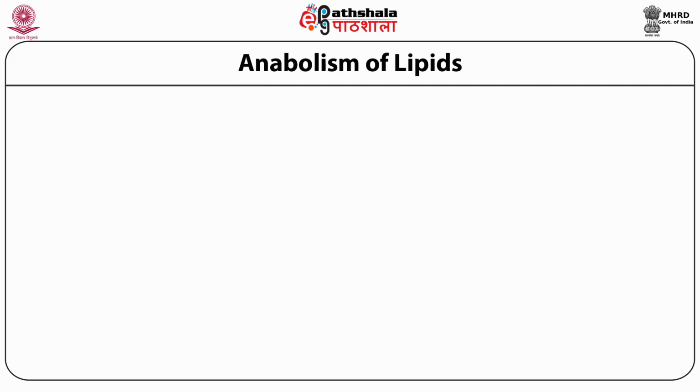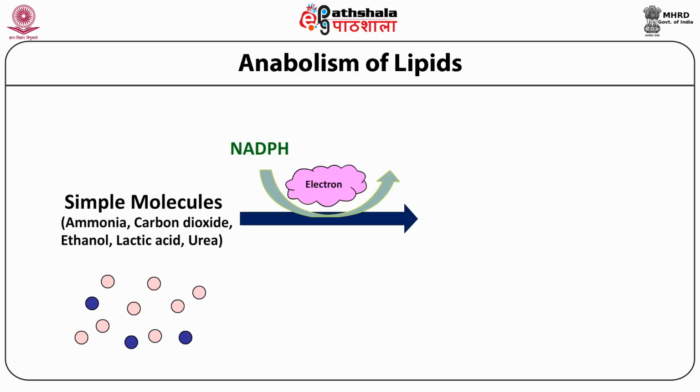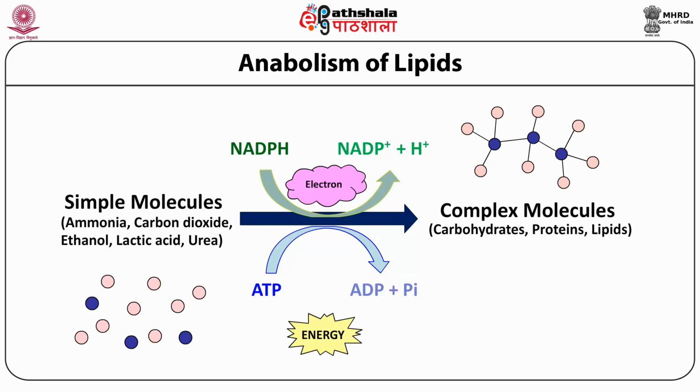As we can see here in the pictorial presentation of the anabolism of lipids, we can see simple molecules like ammonia, carbon dioxide, ethanol, lactic acid, urea, and many other monomer units get transformed to complex molecules or polymers like carbohydrates, proteins, or lipids.